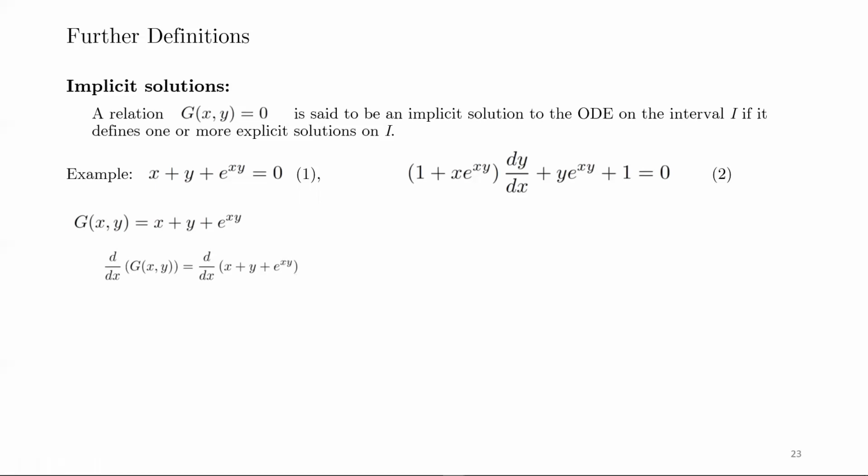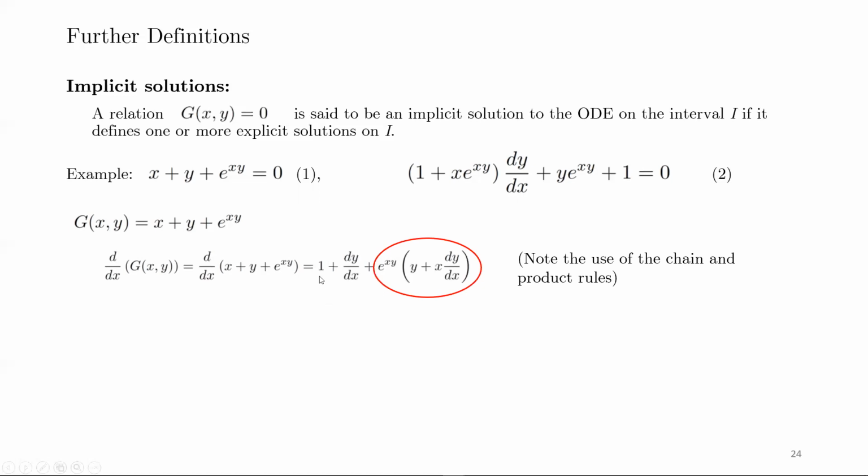Again, what we saw before was d by dx of x is 1, and d by dx of y is dy by dx. And here, for this last term, we have to use the chain and the product rules. So if we first take the derivative with respect to x, because we've got the product here, the derivative of e to the xy is going to be, we have a y up the front, because we take the derivative of the exponent, so we get y times e to the xy.